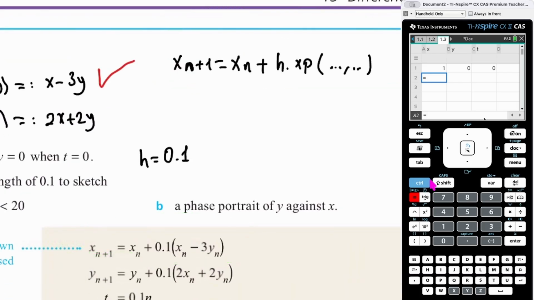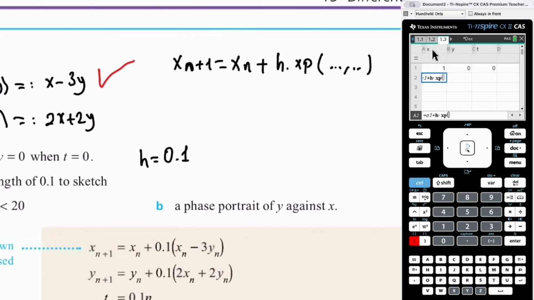So, first of all, the initial value of x. What is the initial value of x? It is this cell, right? I need to write the cell name. The official cell name is A1. So I'm gonna write A1. Now plus h times x prime, our function, xp, brackets.